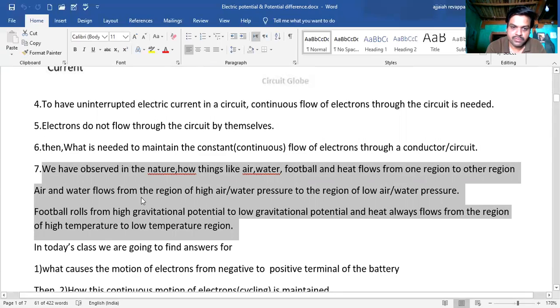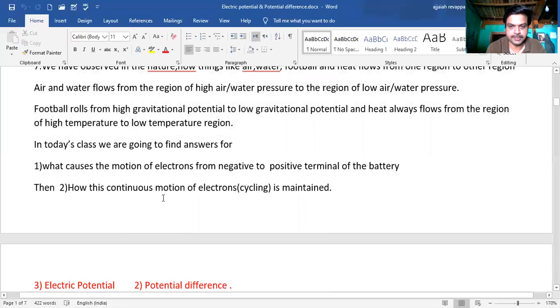Air and water flow from a region of high pressure to a region of low pressure. A football starts rolling from a region of high gravitational potential to low gravitational potential. And heat always flows from a region of high temperature to a region of low temperature.